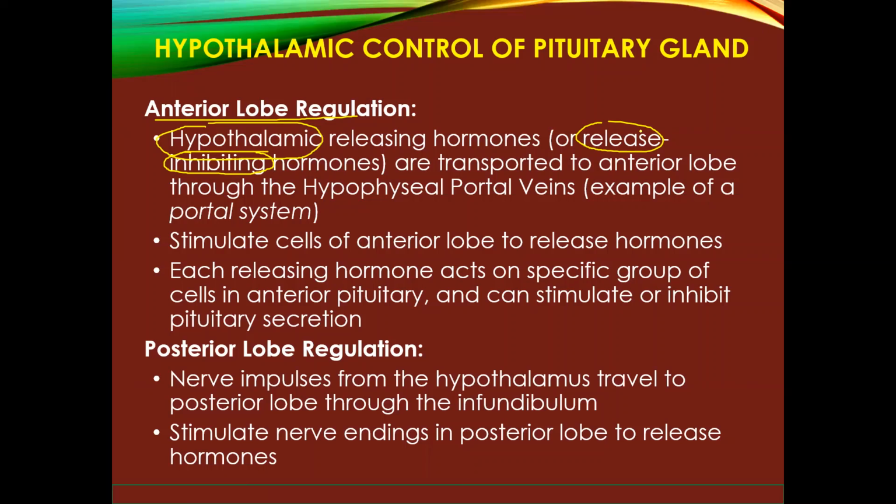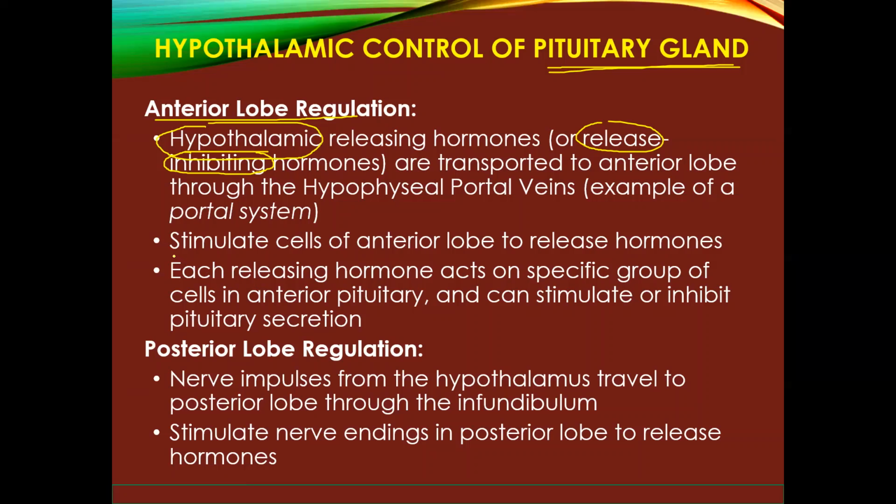Releasing hormones are the hormones that stimulate production of certain hormones in the pituitary gland. Inhibiting hormones are the hormones that inhibit production of hormones from the pituitary gland. So the hypothalamus controls the pituitary gland, whether by releasing or inhibiting hormones.